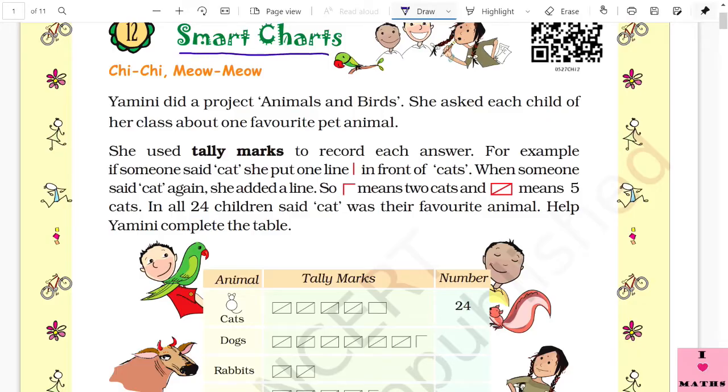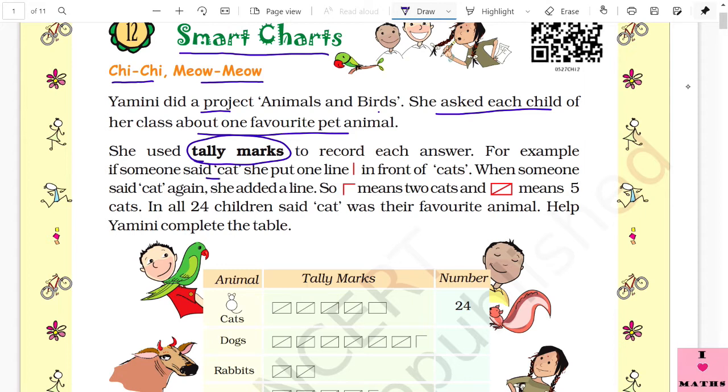So let us first start with this example. This is from page number 159 of our NCERT book. Smart charts. Chee chee, meow meow. Yamini did a project, Animals and Birds. She asked each child of her class about one favorite pet animal. She used tally marks to record each answer.